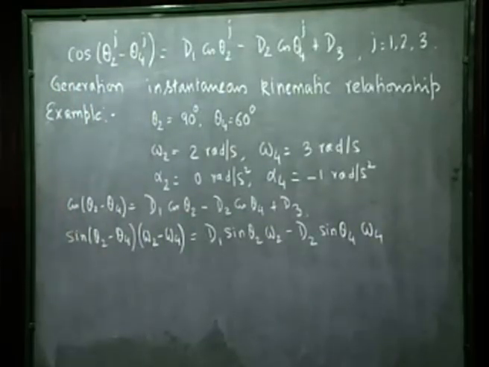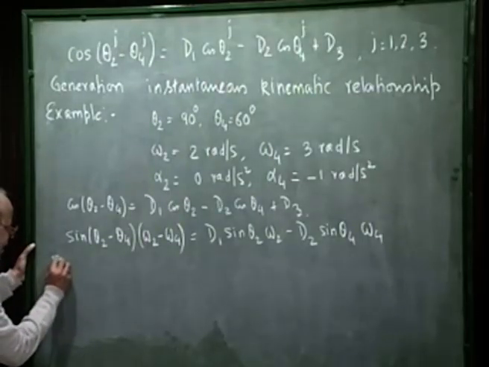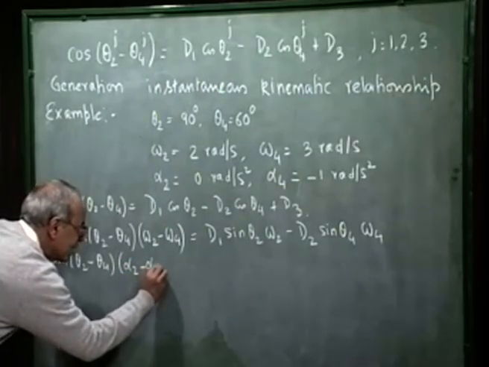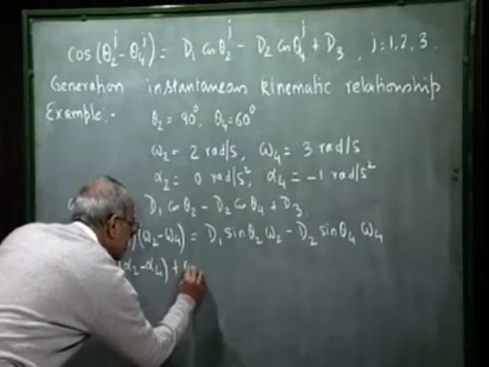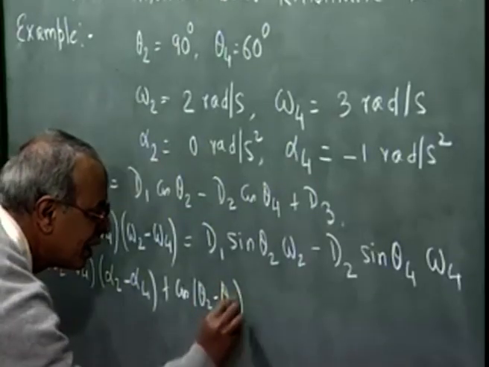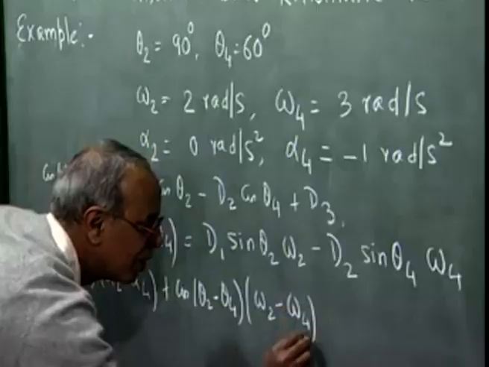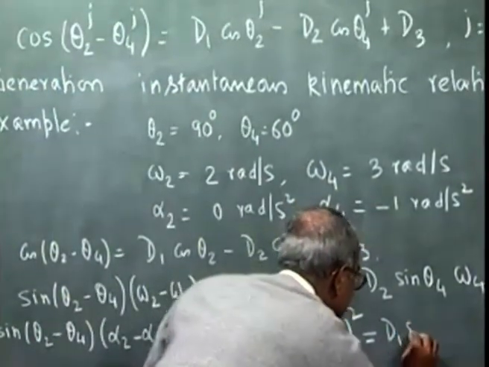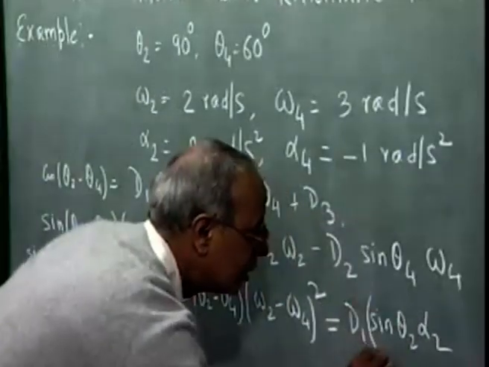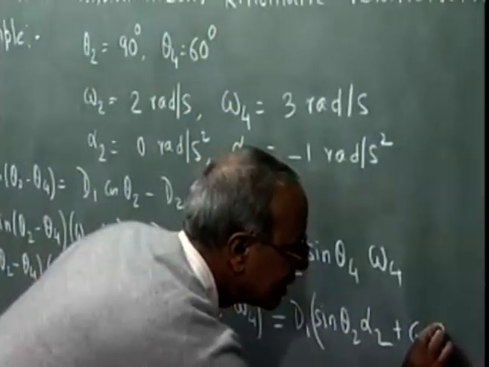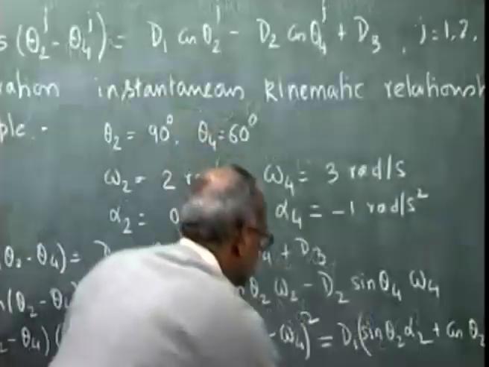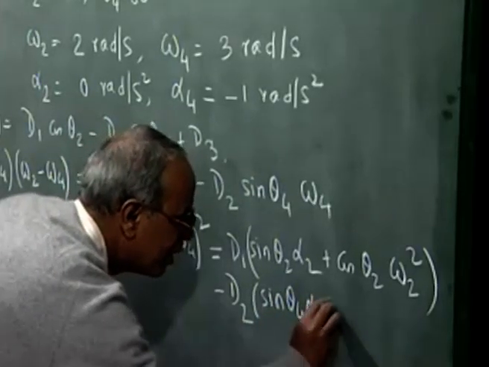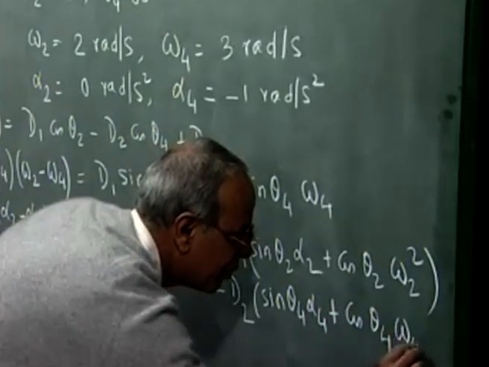Differentiating this equation once more with respect to time, we get sine theta 2 minus theta 4 into alpha 2 minus alpha 4 plus cosine theta 2 minus theta 4 into omega 2 minus omega 4 whole squared is equal to, if I differentiate the right hand side with respect to time, we get d1 sine theta 2 alpha 2 plus cosine theta 2 omega 2 squared minus d2 sine theta 4 alpha 4 plus cosine theta 4 omega 4 squared.